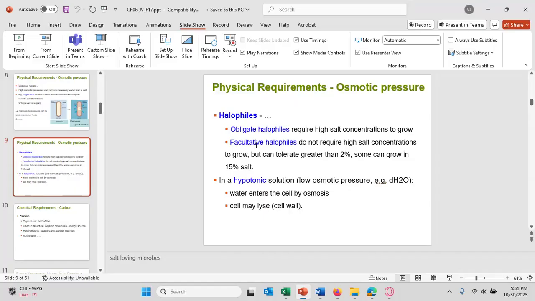These organisms do not require the high salt concentration to grow, but they can tolerate greater than 2% sodium chloride. An example of a facultative halophile is Staphylococcus aureus. It can grow on nutrient agar, which has 0.9% sodium chloride, but it can also grow on an MSA plate, which has 7% sodium chloride, much too much for most organisms to grow.